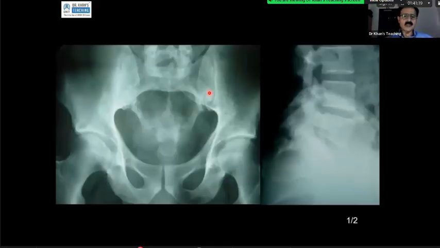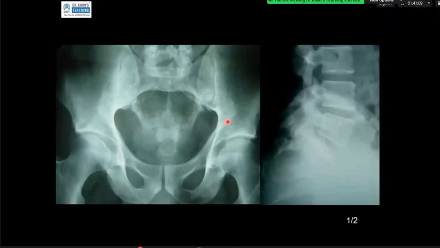Now, just to make a point, in this case there is a lytic lesion in the sacrum. What is the differential? Top two for you: it could be metastasis versus multiple myeloma. You can also say plasmacytoma or multiple myeloma, or there is one tumor which occurs at the clivus and in the sacrum: the chordoma.